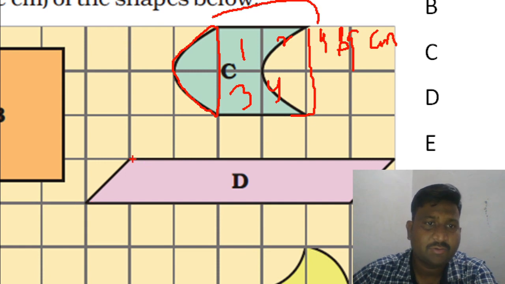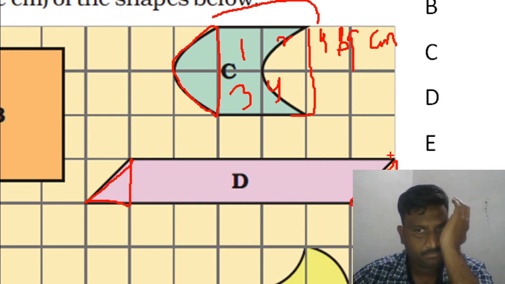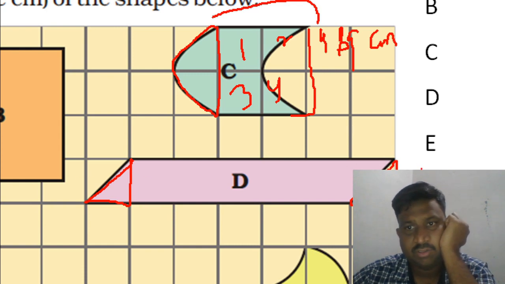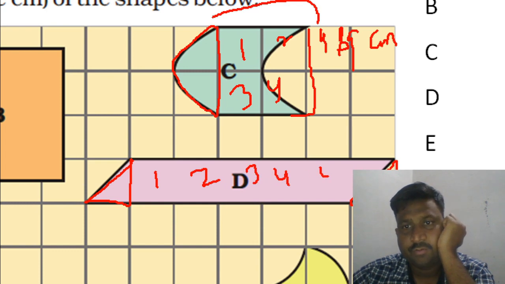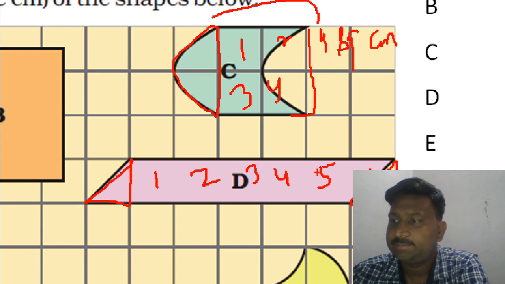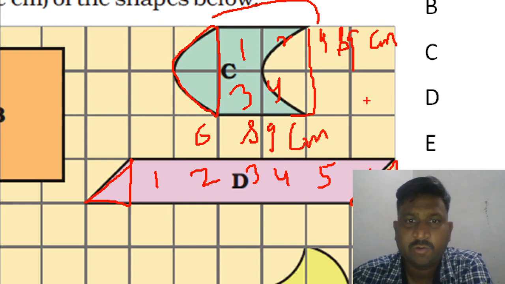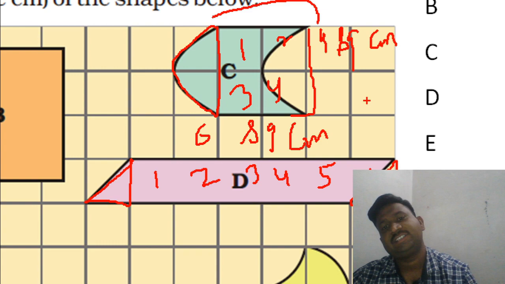If I cut this triangle and paste here, so this become complete. 1, 2, 3, 4, 5, 6. So D has 6 square centimeter area.